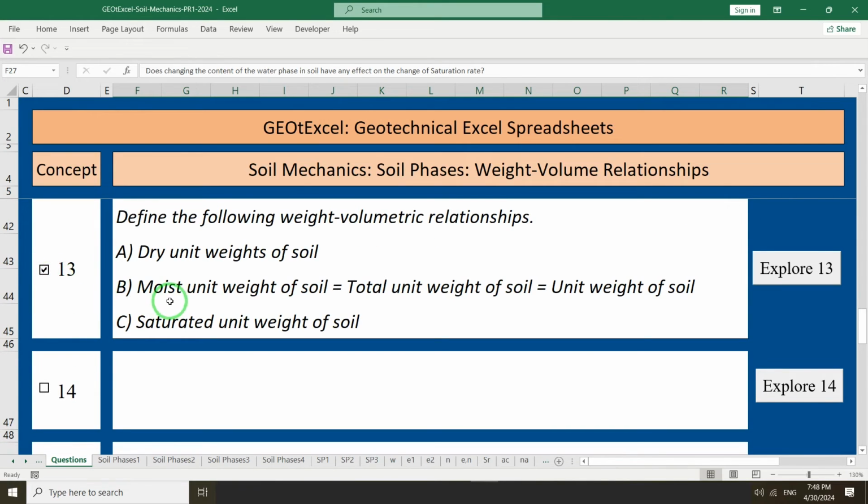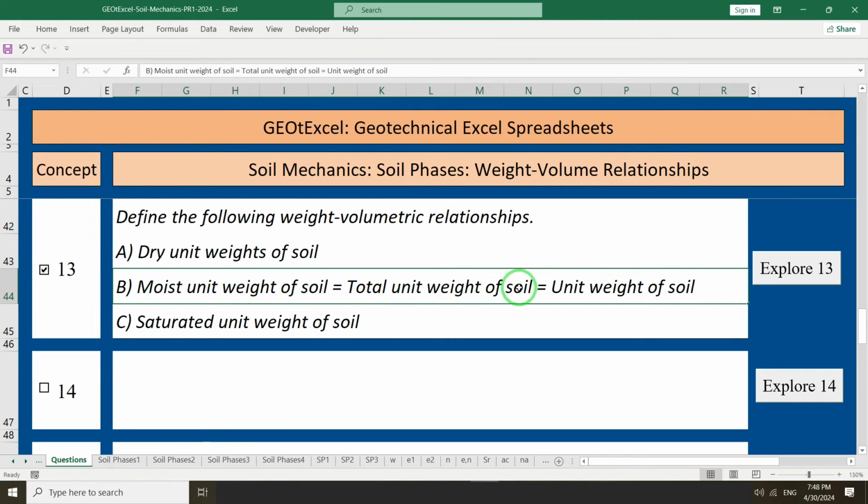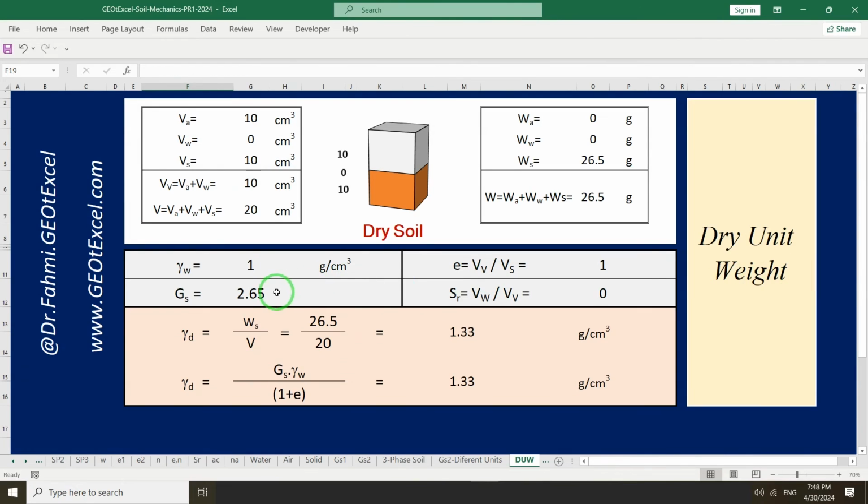Concept 13. Define the following weight-volumetric relationships: dry unit weights of soil, moist unit weight of soil, or total unit weight of soil or unit weight of soil, and saturated unit weight of soil. Explore 13. Dry unit weight.